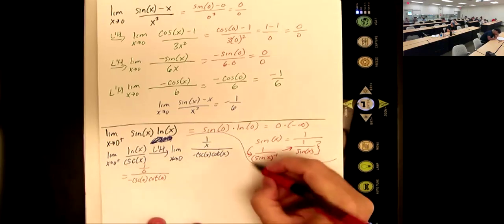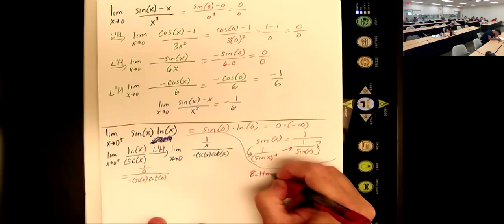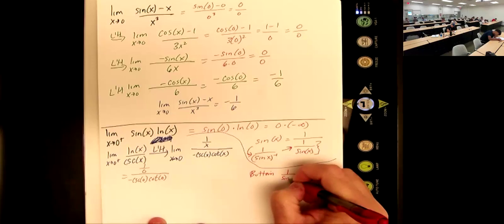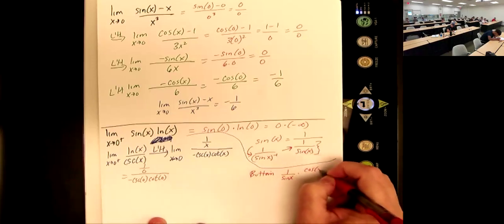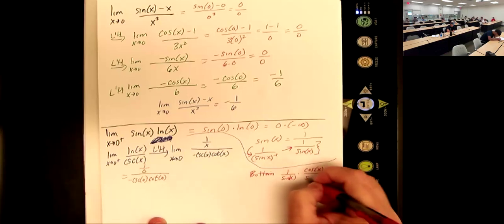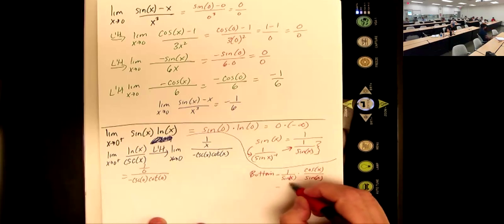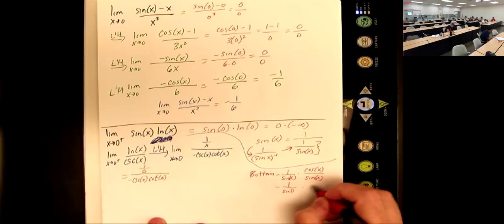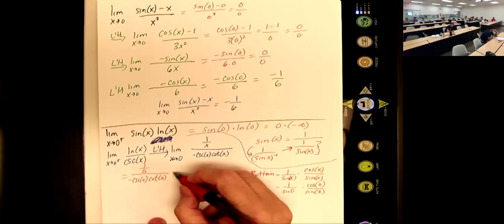What the heck is that? Cosecant is 1 over sine, I'm looking at the bottom right now. Bottom is 1 over sine, and then cotangent is cosine over sine. If I put in 0, and then we got a negative, I'm getting a number over 0, which is making the bottom go to infinity.